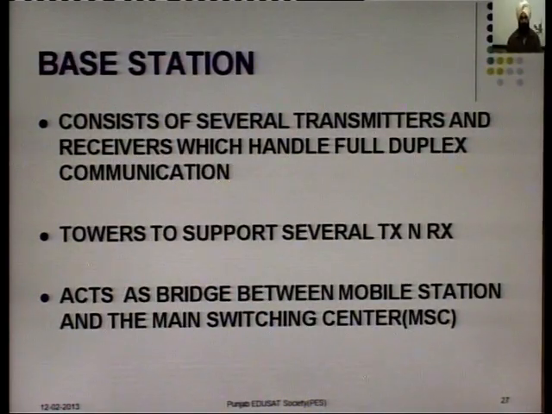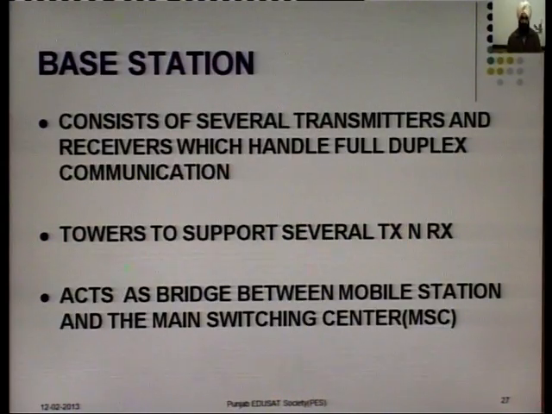Then the base stations consist of several transmitters and receivers which handle full duplex communication. There are too many transmitters and receivers which provide the full duplex communication between two mobile stations. Then they have towers to support several transmitters and receivers. The base station acts as a bridge between the mobile station and the main switching center.